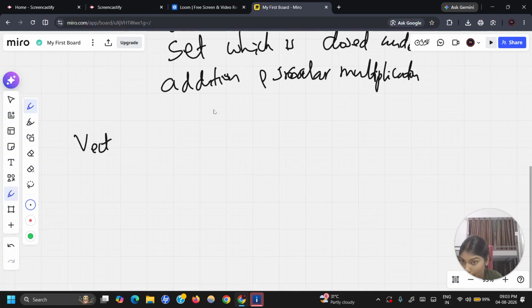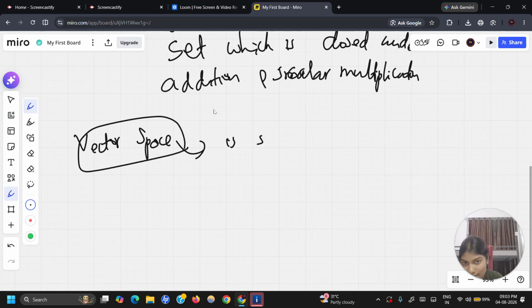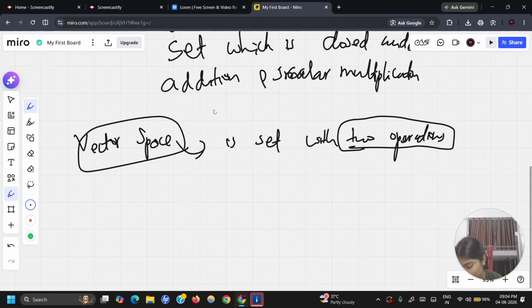Here I'm introducing some algebra. A vector space is a set with two operations, addition and multiplication.